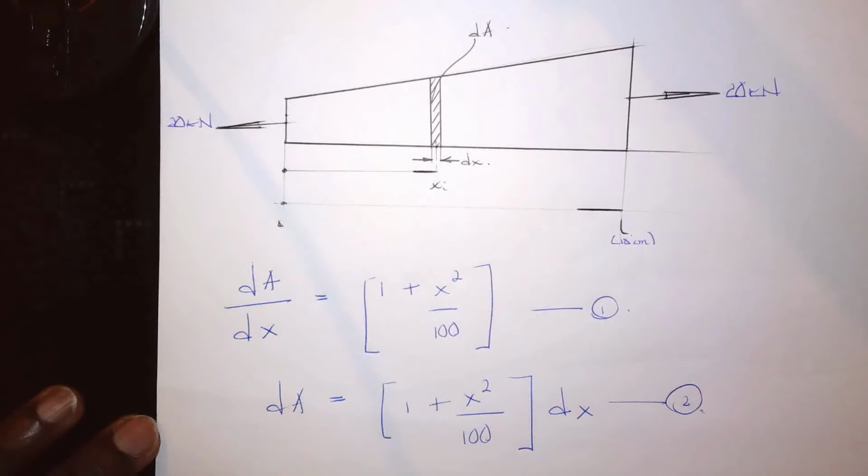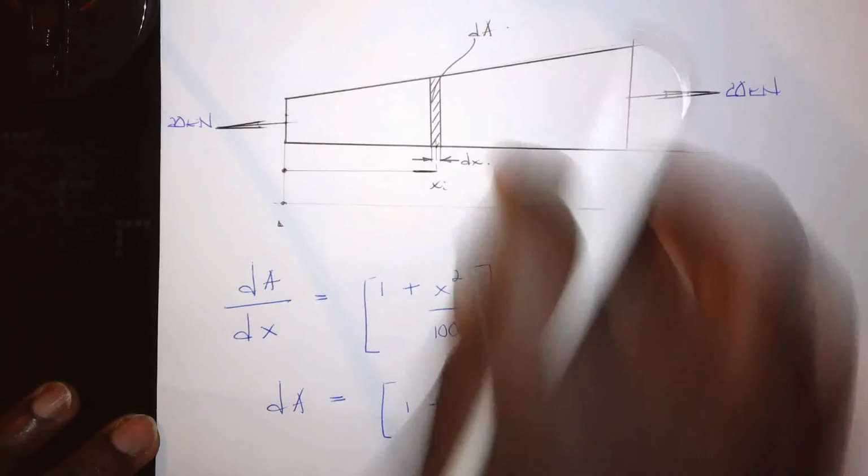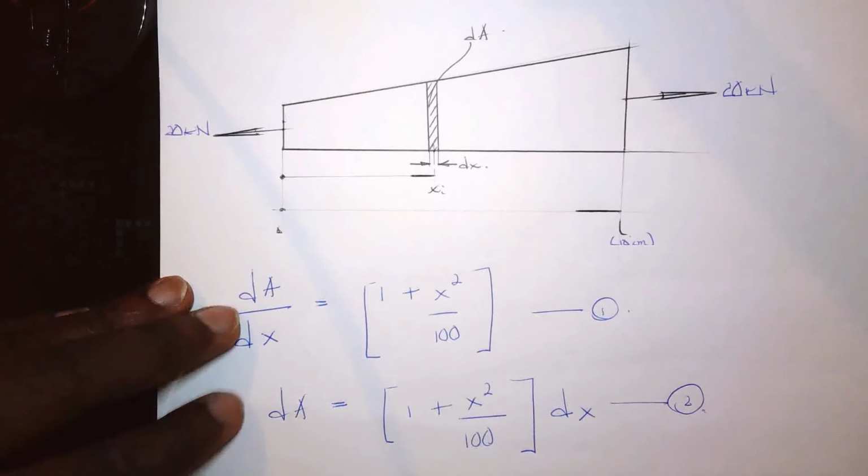So this becomes an integration problem. Once we integrate dA with respect to dx, that will give us a clear idea of what the total cross-sectional area of this component is likely to be.